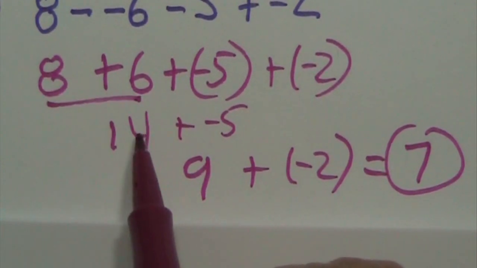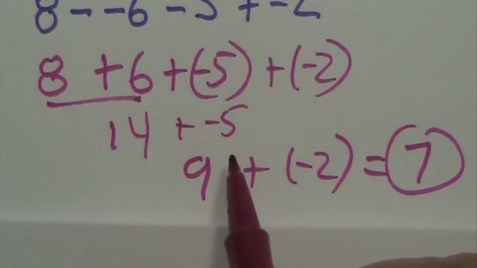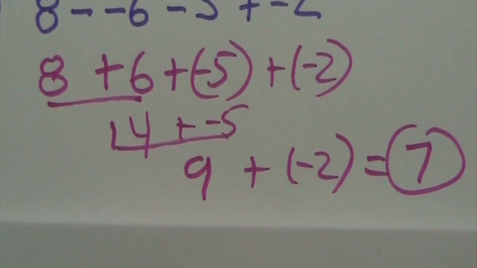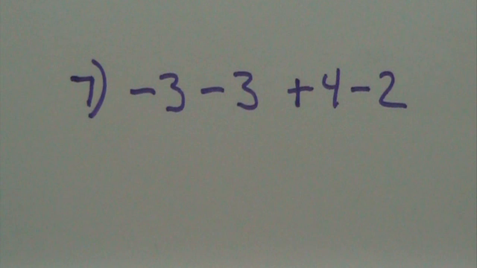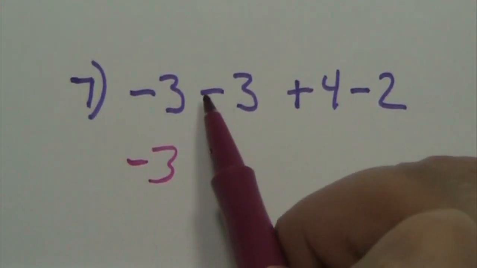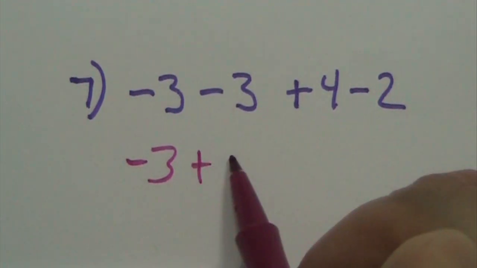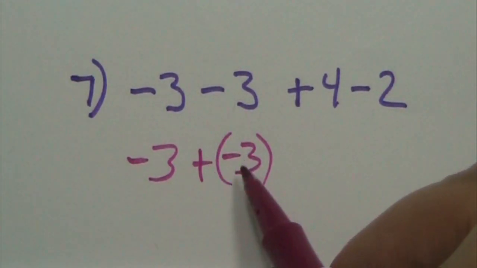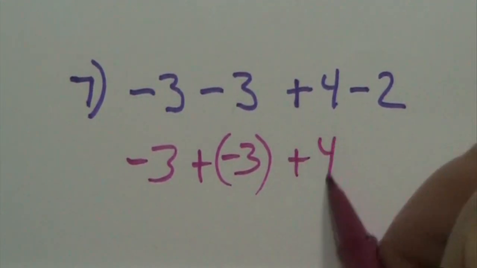So I took care of this. That's 14. And brought this down. Then 14 and negative 5 is 9. So we have negative 3. Oh, minus 3 is the same thing as negative 3. Subtracting is adding a negative. Plus 4.